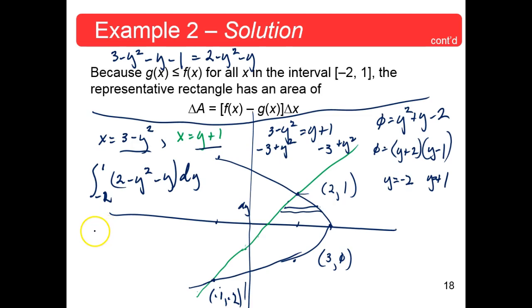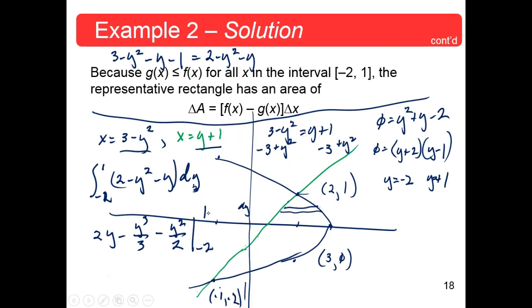Antiderivative. Except it's not x. 2y minus y cubed over 3 minus y squared over 2. Okay? And that's evaluated from y equal negative 2 to 1.